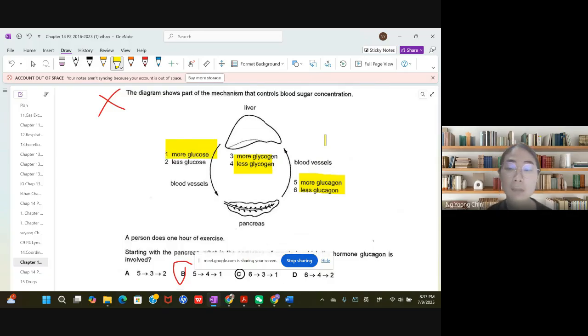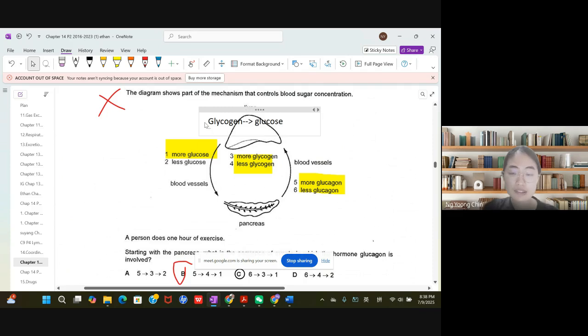They become more glucose. Do you know why they need to become more glucose? It means that the pancreas will secrete the glucagon. So glucagon will be able to convert the glycogen stored inside the liver into glucose, and then release it to the bloodstream.